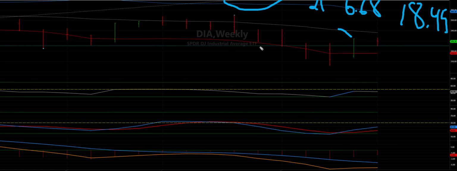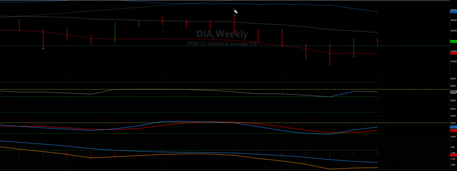Now this week, the majority of the index ETFs are also giving us some better stop loss areas, because the spread is a lot tighter now.